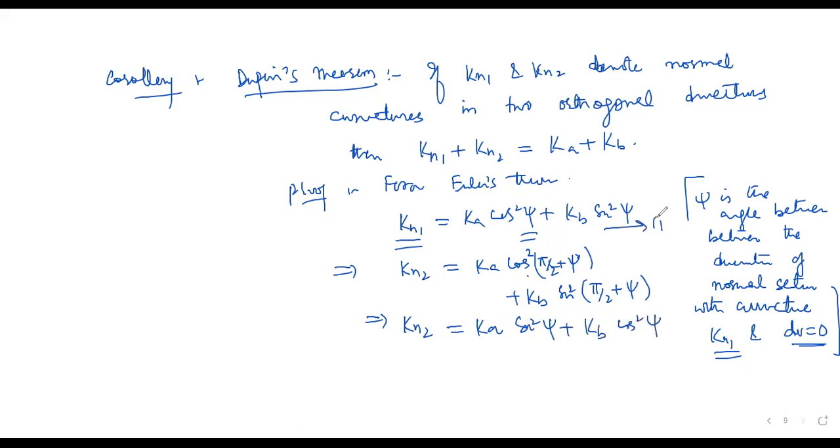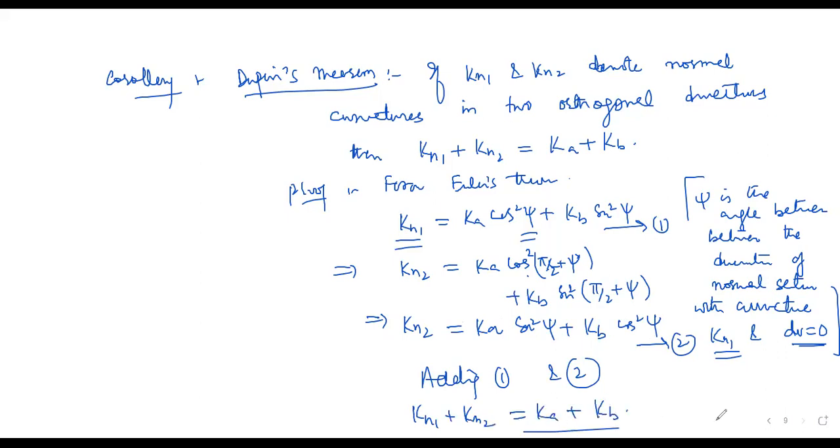So take this as 2, and adding 1 and 2, you obviously get k sub n1 plus k sub n2 is equal to k sub a plus k sub b. So that would be our Two Pins theorem.